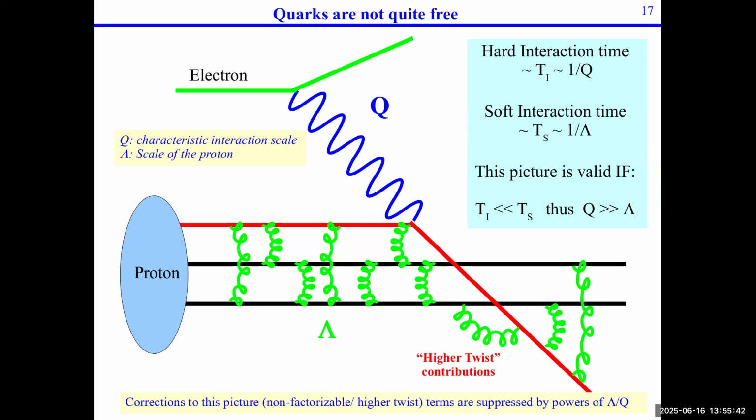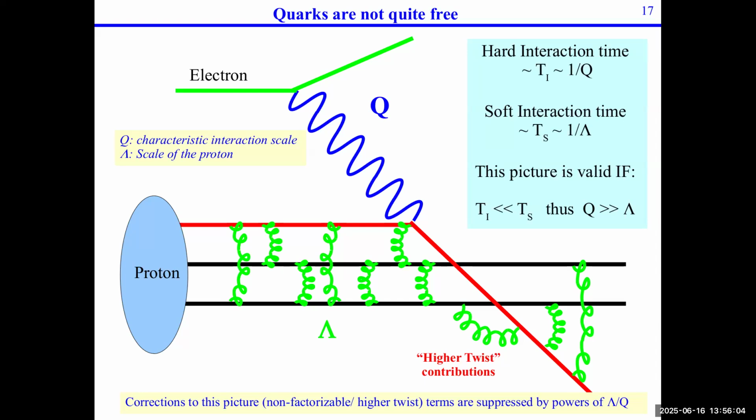And the characteristic scale of what's going on in the proton, we'll label that as lambda QCD. That's a few hundred, maybe 200, 300 MeV. And typically, the scale we're doing the measurements on are high energy. At HERA, we can get up to 300 GeV. At fixed target, we can get maybe 30 GeV.